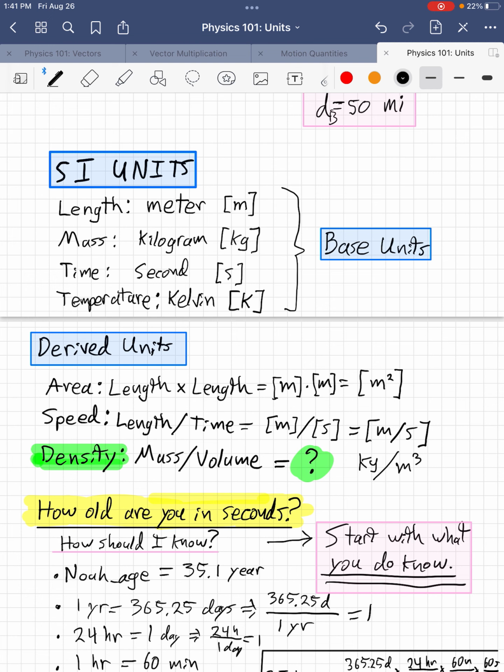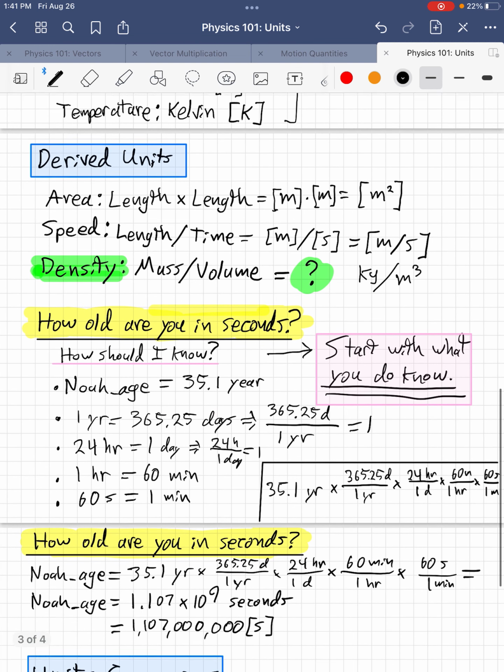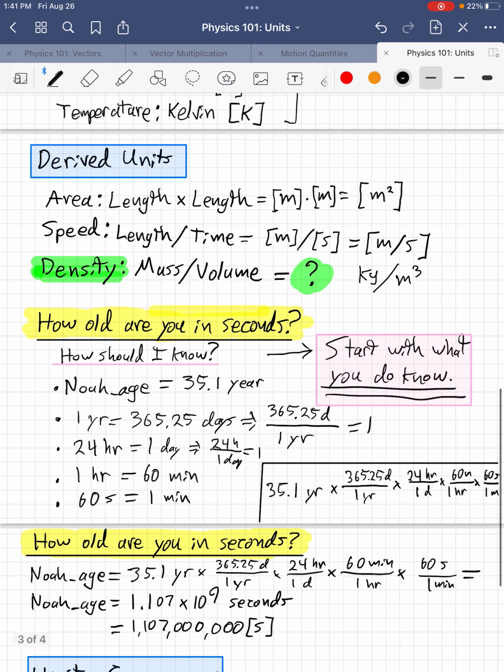So one thing we'll be doing a lot of is having to convert units from one unit to another. And so to talk about that, we're going to use this example, this question: how old are you in seconds? And often in physics, you might encounter a problem and think, how the heck am I supposed to know that?